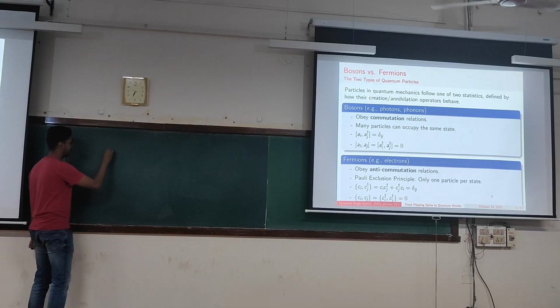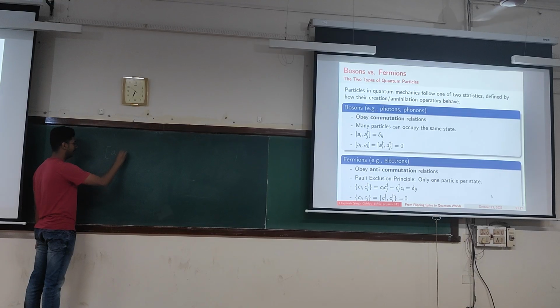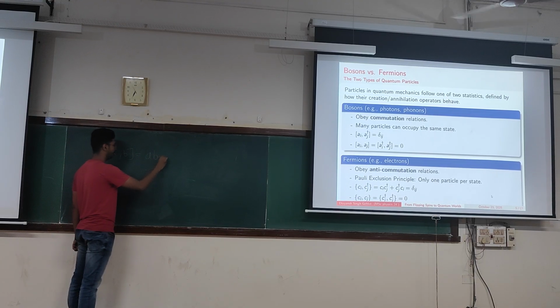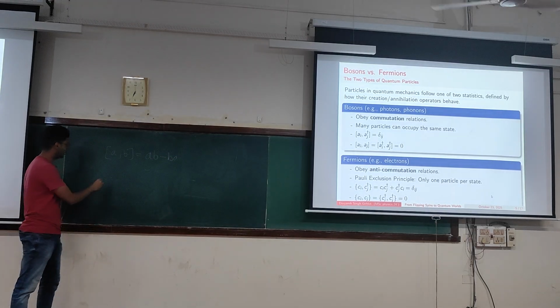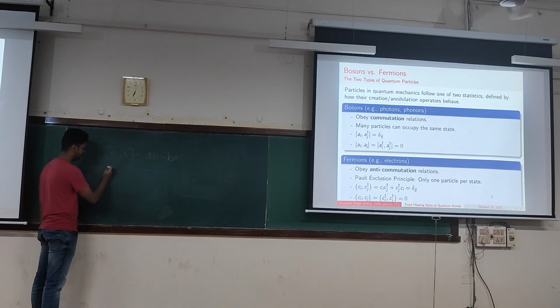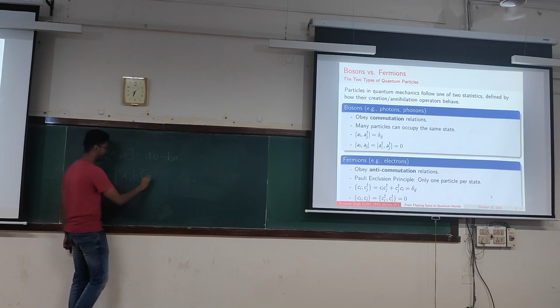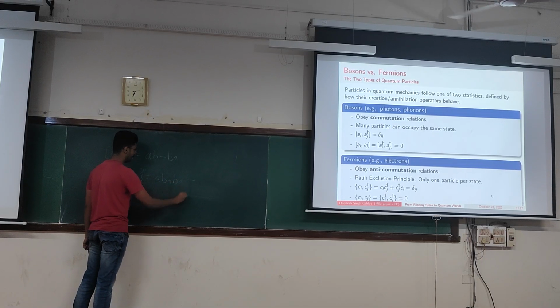Commutation relation basically means that when I write the commutator of A and B, it means AB minus BA, and the anti-commutation relation means AB plus BA.